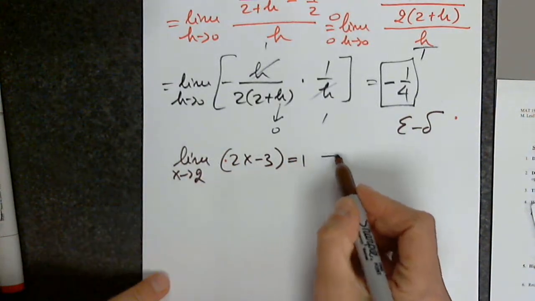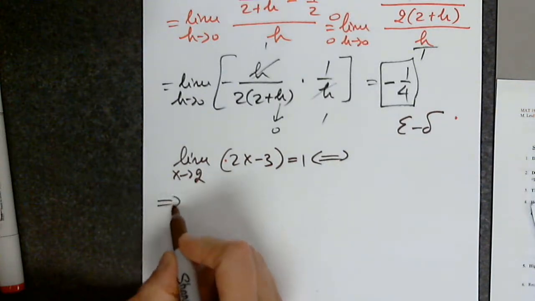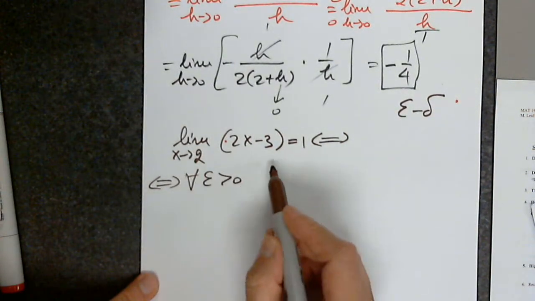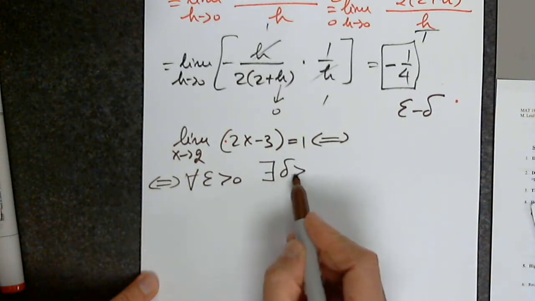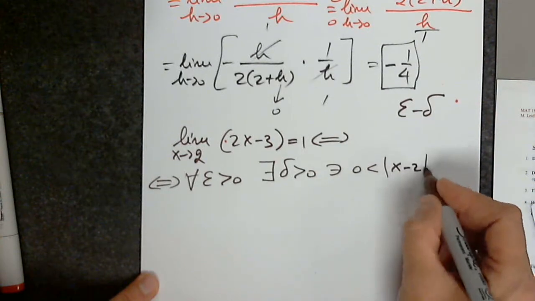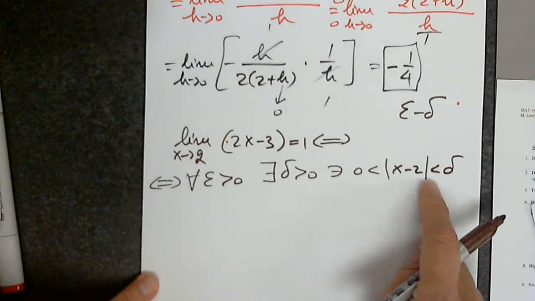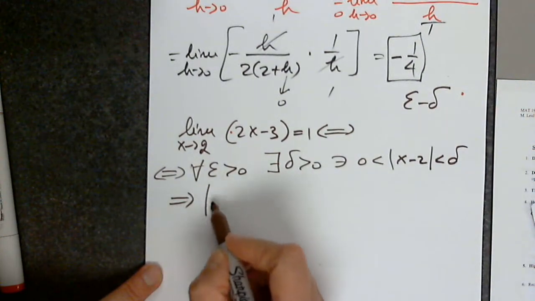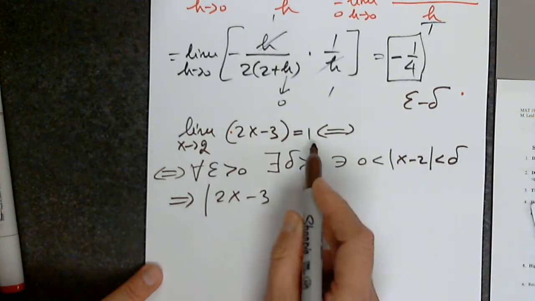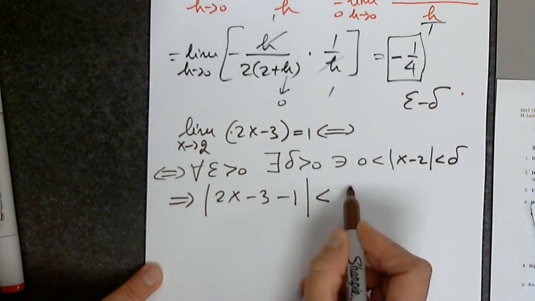But I have to show it. So this is equivalent to, for every epsilon greater than 0, I will find a delta greater than 0 such that every time I pick x within delta of 2, this will always imply that 2x minus 3, the function minus the limit, is less than epsilon.